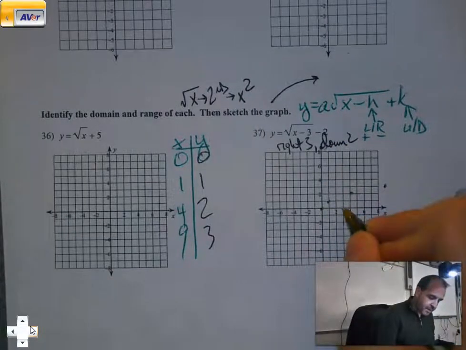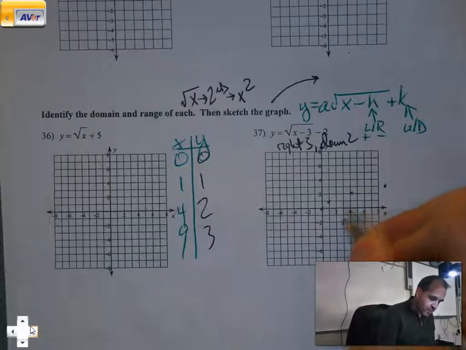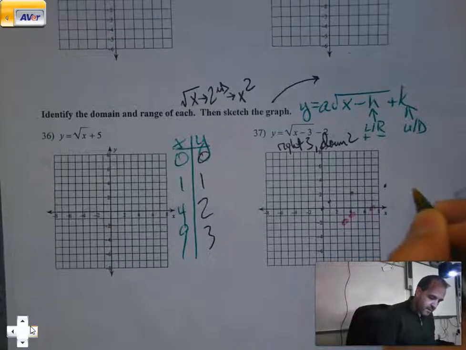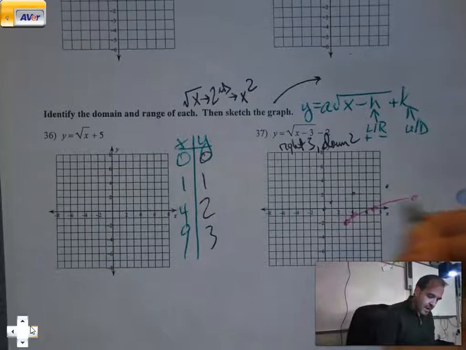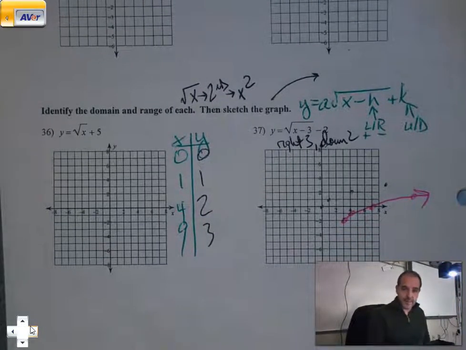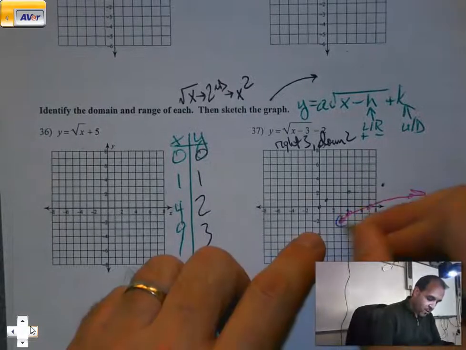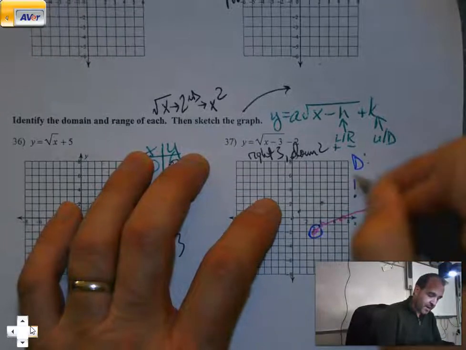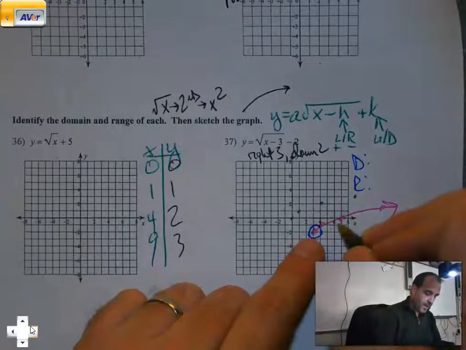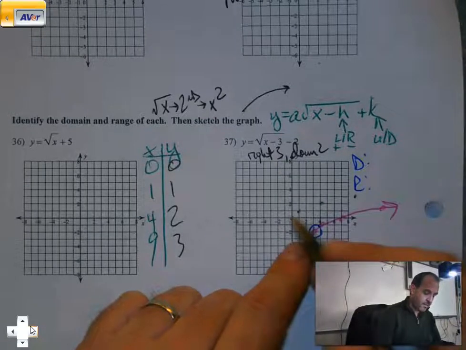Right 3, down 2. Arrow only to the right, not to the left. This isn't continuing past there. It just stops right there. And once again, that first point is telling me everything I need to know for domain and range. I went right 3.